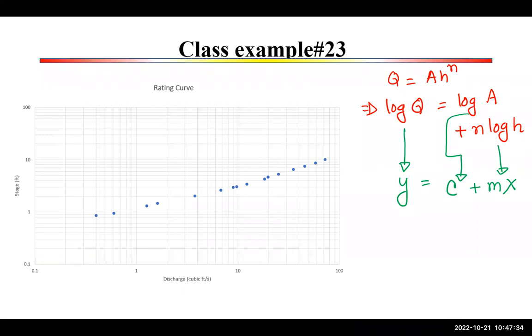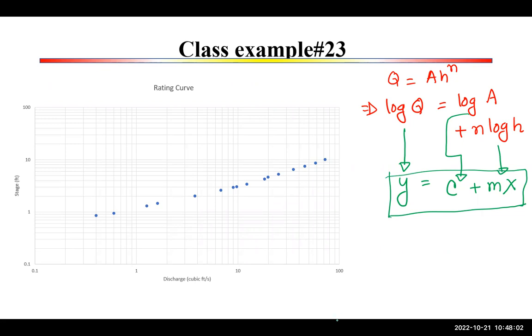Y equals to C plus mx. Straight line equation, right? That means the given data looks like kind of a straight line, right? So if we can find some value from that one, we will be able to develop our rating curve, right?